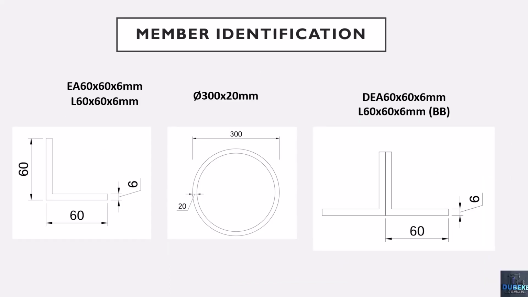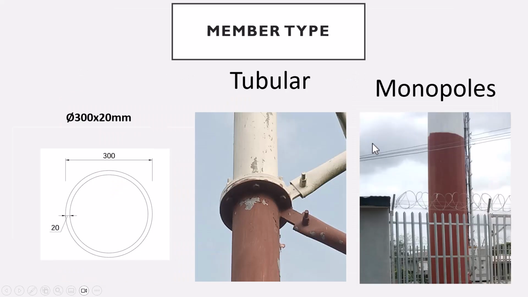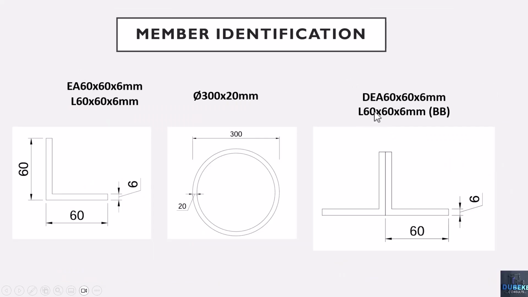So we've spoken about our equal angles and our tubular. Now there is an addition here to our equal angles. We have D before the EA, and then also this L, which also forms an L. That is why this other code refers to it as L, because it forms an L angle, right? There is also another addition to this L, which is our BB.